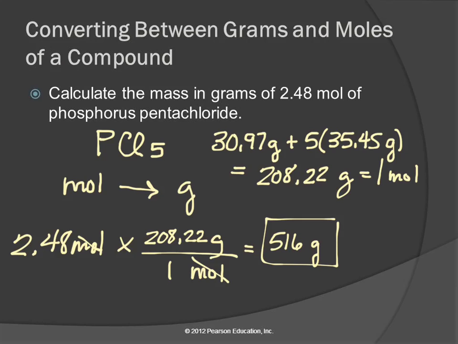Any questions? Yes? How come we don't do the 6.022? Why didn't we use Avogadro's number in here? Because we had grams and moles. We weren't being asked for numbers of particles. If it asks for atoms, then we're going to use that.